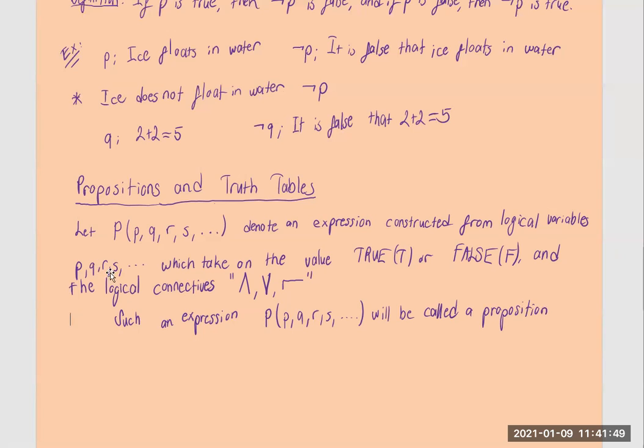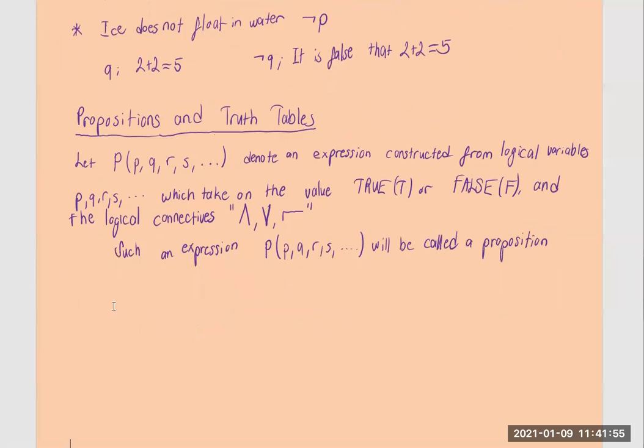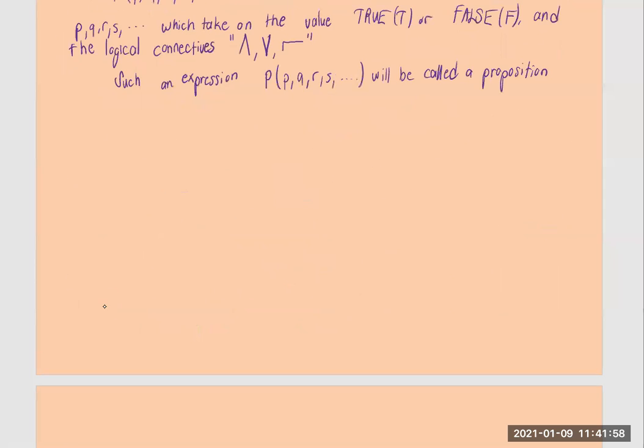Okay, let's write an example. Let's say we have P and Q in a truth table with their conditions: true, true; true, false; false, true; and false, false.